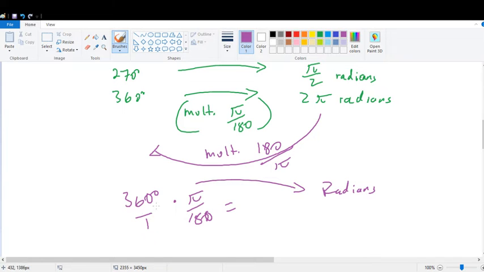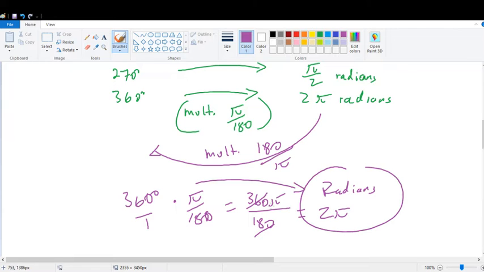Let's just go straight across for now. 360 times pi, 360 pi, over 1 times 180, that's 180. 360 over 180, well, that is just 2. Don't forget the pi. So, 2 pi radians is equal to 360 degrees.